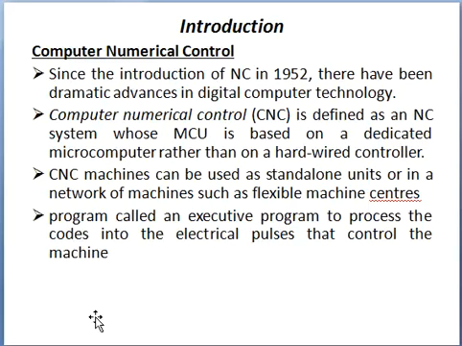So whatever advancements we have right now, those advancements made the NC a CNC. Since the introduction of NC in 1950, there have been dramatic advances in digital computer technology. For example, previously we used to have tape readers or different input mechanisms, or a keyboard.